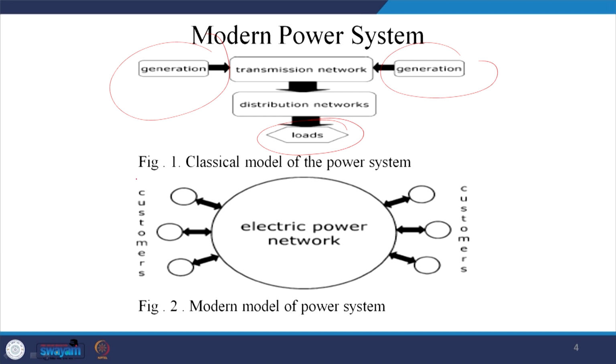So you can have an electric power network, considered to be a ring structure, where all the customers are connected. If one of the customers is polluting, then all will be affected.